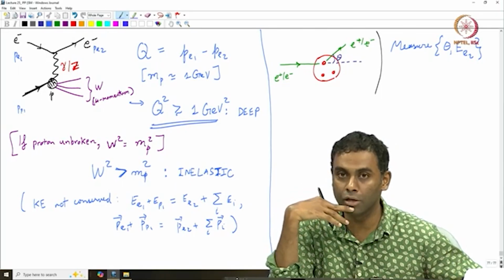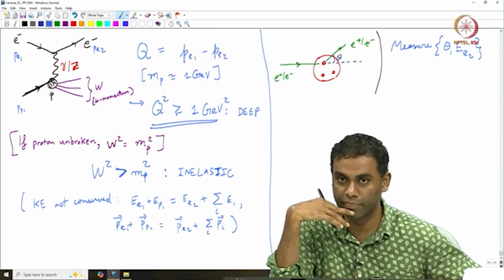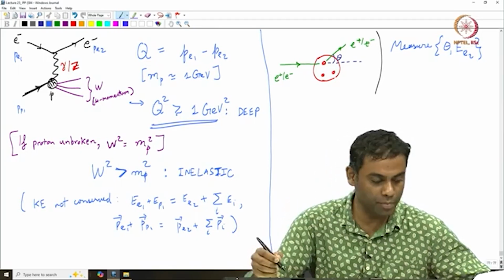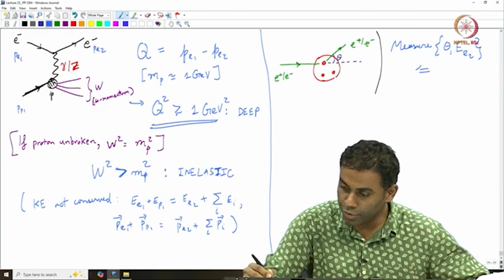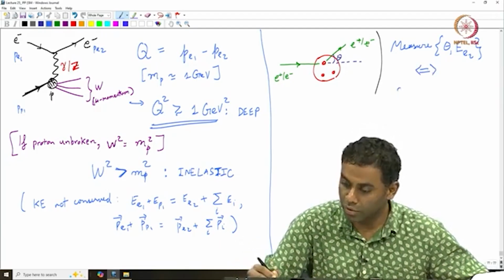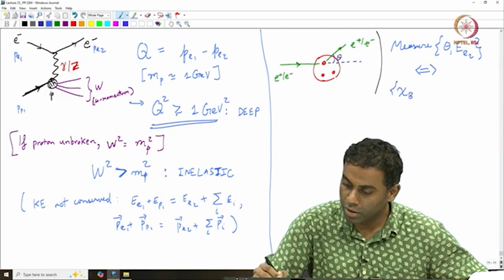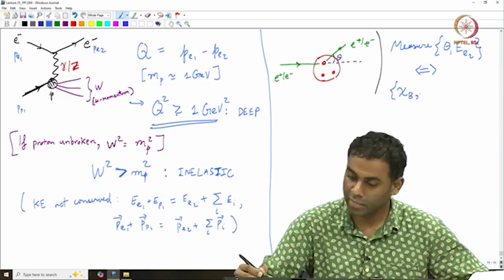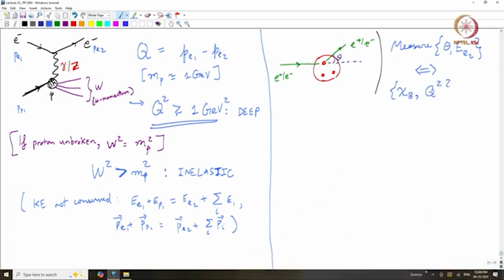So these are the raw measurable quantities, but in practice it is more useful to turn these around and construct two other quantities. I am just going to take the scattering angle and energy, that is really what I measure, but just some change of variables, and you will see why these change of variables are more useful than just the angle and the energy.